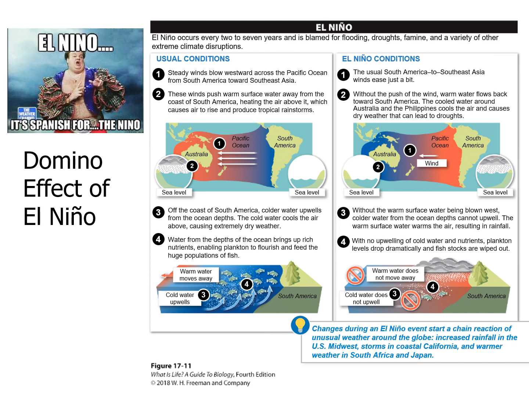Wind is going to push this warm water from South America towards Australia and Southeast Asia. So South America is a little bit colder, and the sea level is going to drop in South America as this wind pushes the water away.